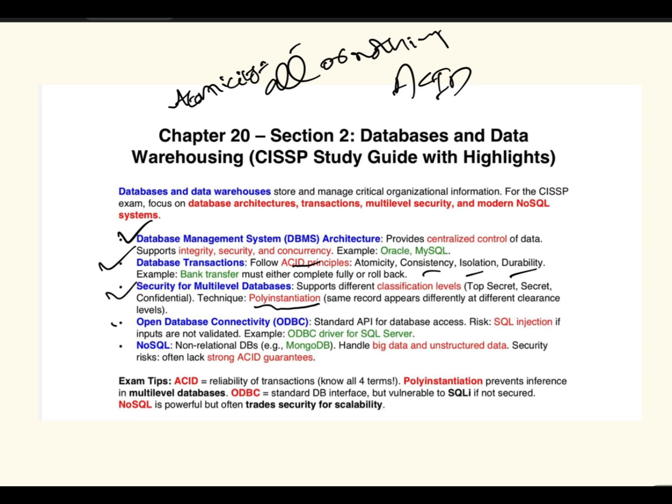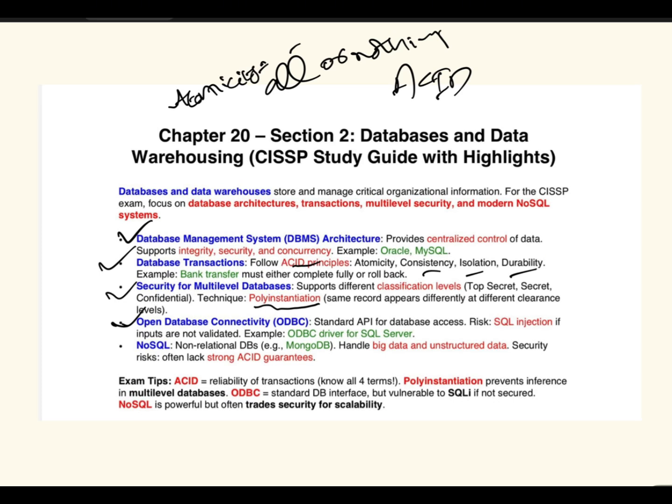The fourth one is Open Database Connectivity, ODBC. ODBC is a standard interface API that allows different applications to access databases regardless of vendor.